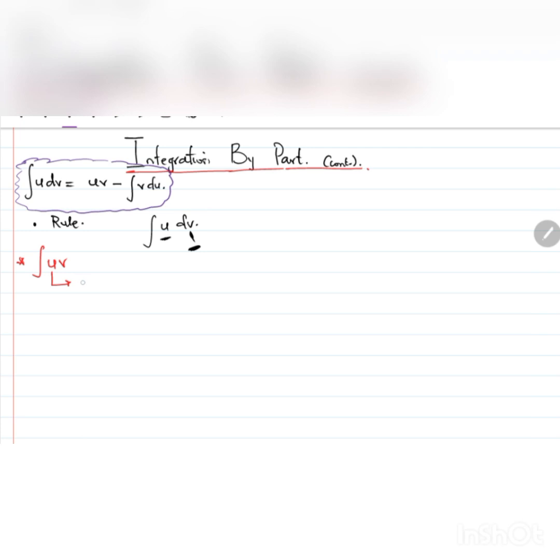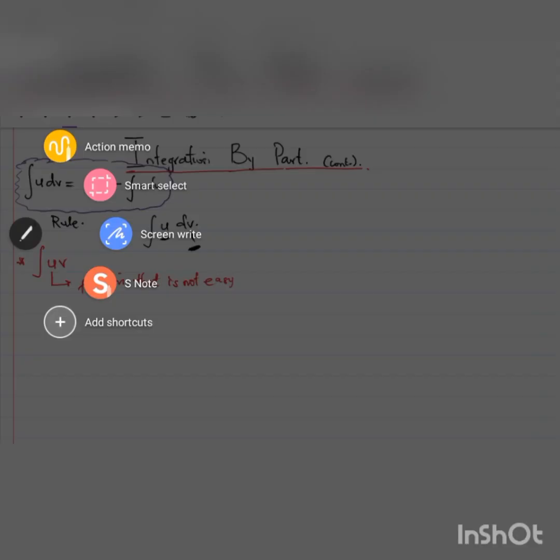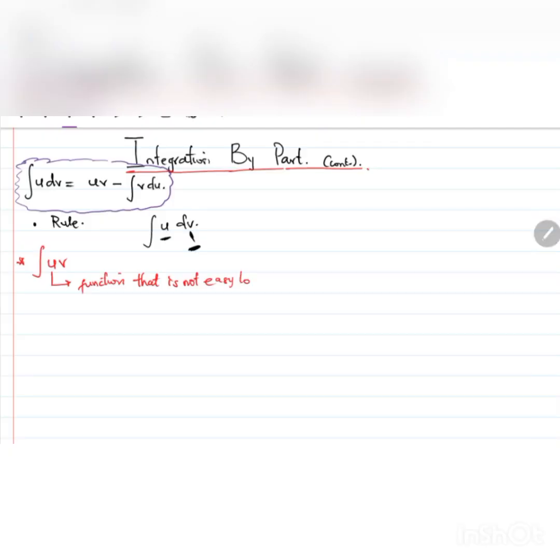Looking at the two functions, u will surely be a function that is not easy to integrate, while your v is a function that is easy to integrate.